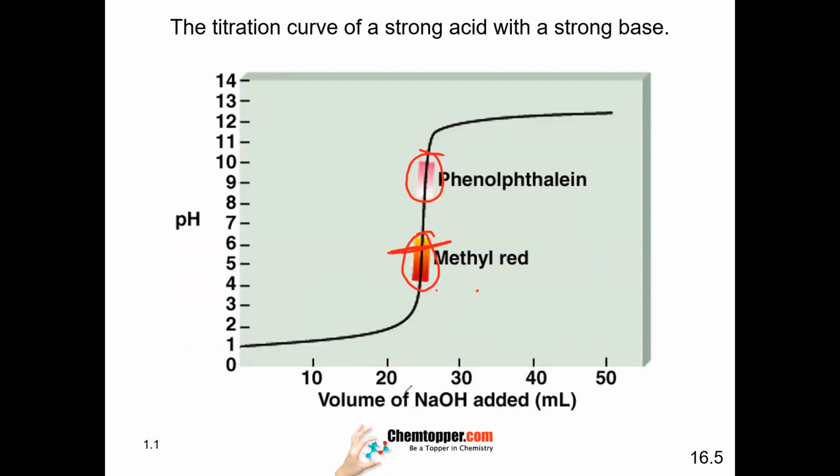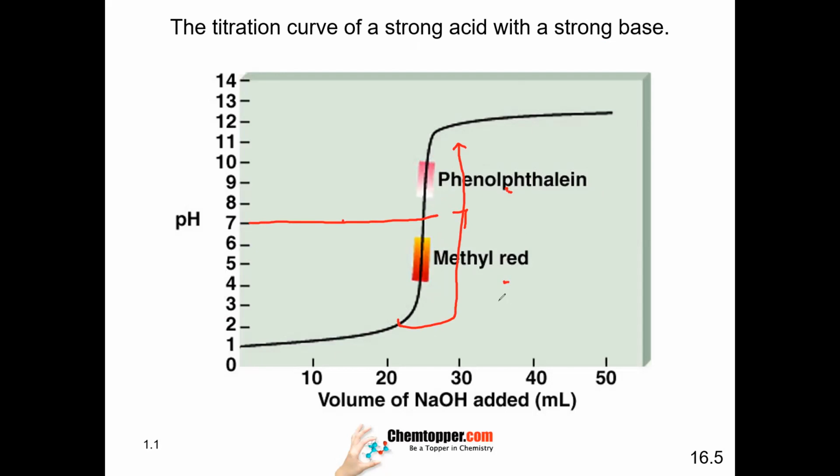There is one methyl orange also. So they are the ones which we are going to use with strong acids and strong bases. Why should we use them with strong acid and strong bases? The pH of the strong acid and strong base at the equivalence point is 7. And you jump straight away from low pH to high pH. So you can see that phenolphthalein can show you the change. Methyl red can show you the change.